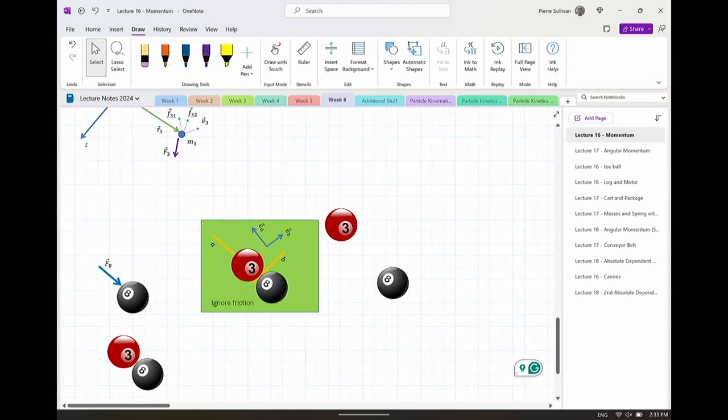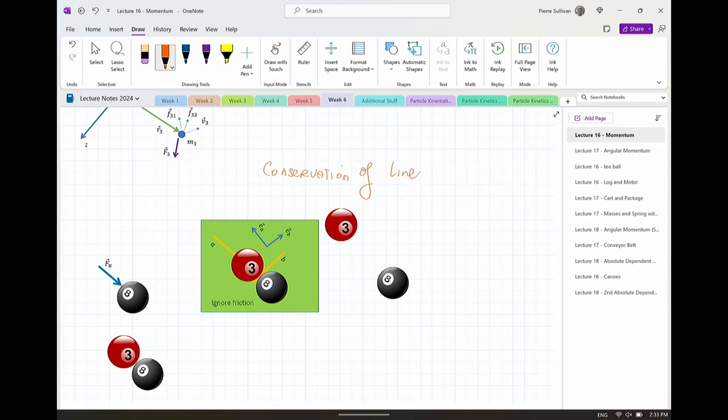Another thing that happens in a lot of dynamics classes: everybody plays pool. So you have two particles, two balls, the red 3 and the black 8, and you have an impact that has occurred. And so you have conservation of linear momentum.